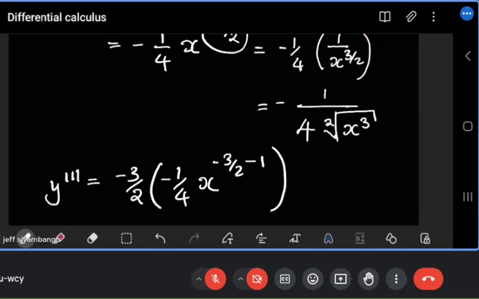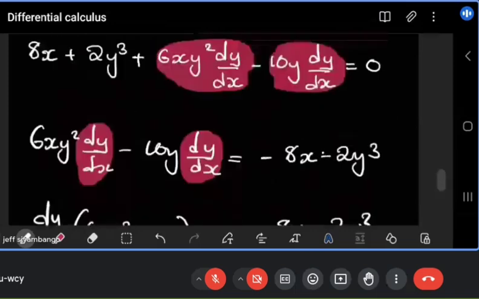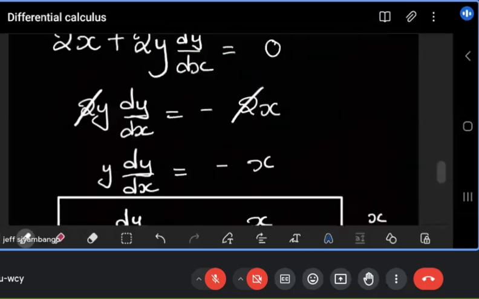But it's not always this simple. A classic example of how this can become not so simple is when we're dealing with implicit functions.